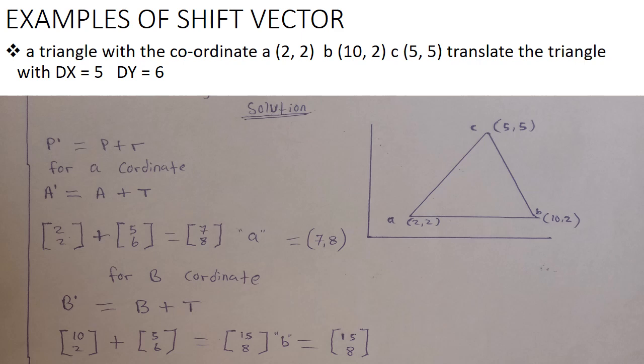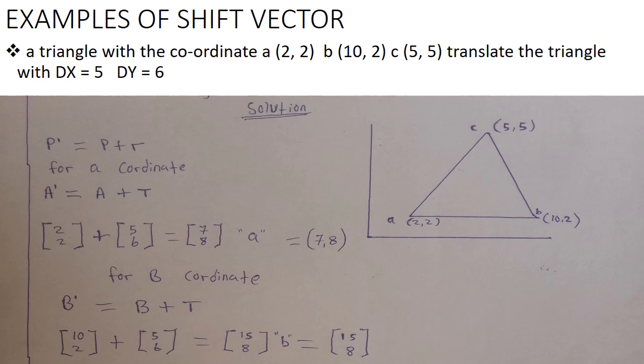Our coordinate of A, 2,2, should be located on the left hand side of the triangle. The coordinate of B, 10,2, should be on the right hand side of the triangle. Then C, which is 5,5, should be located in the middle, at the head of the triangle.